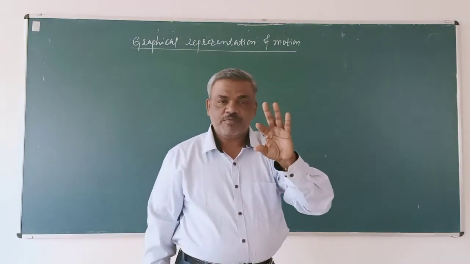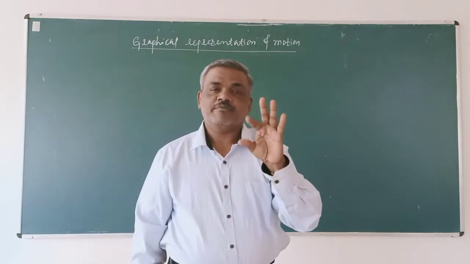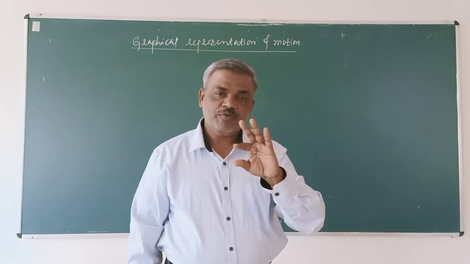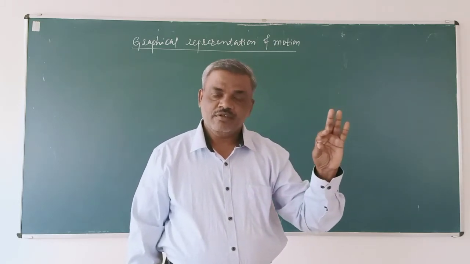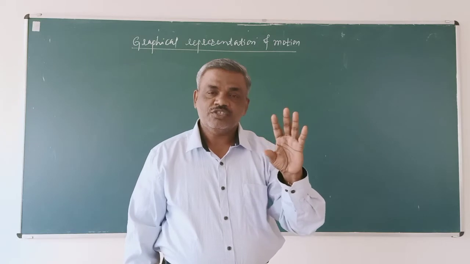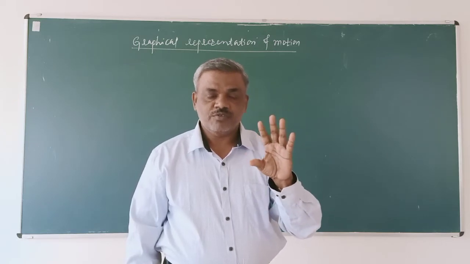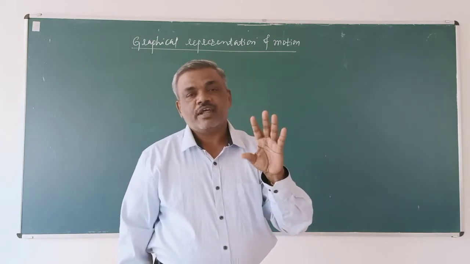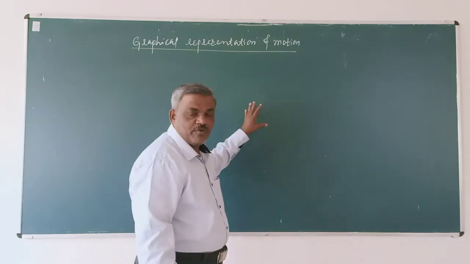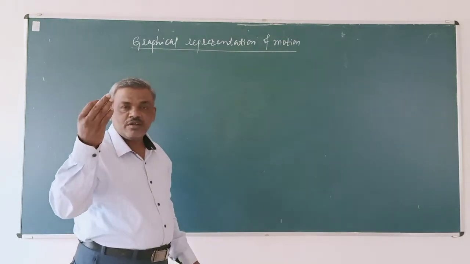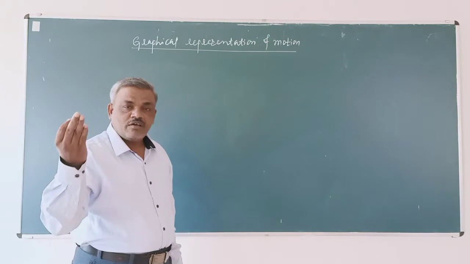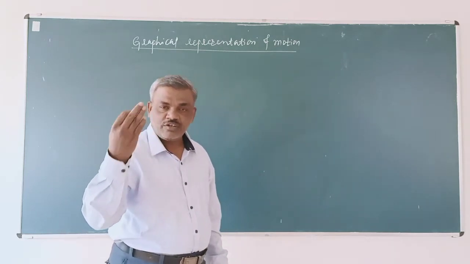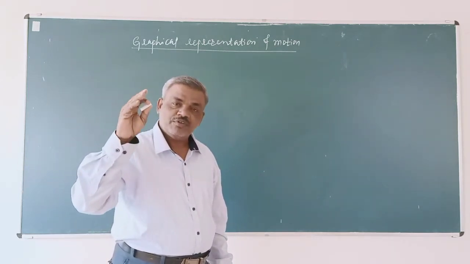The position of a body changes with time for any body moving along a straight line. Motion means the change in position of a body with respect to its surroundings with time. Velocity and acceleration also vary with time.